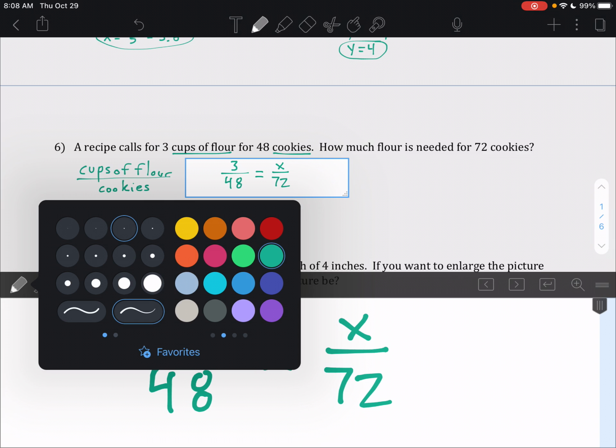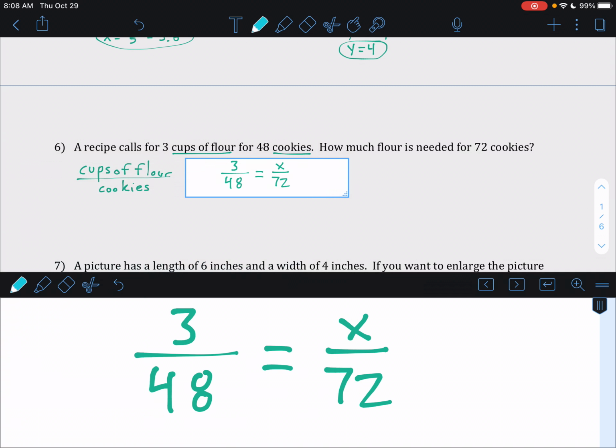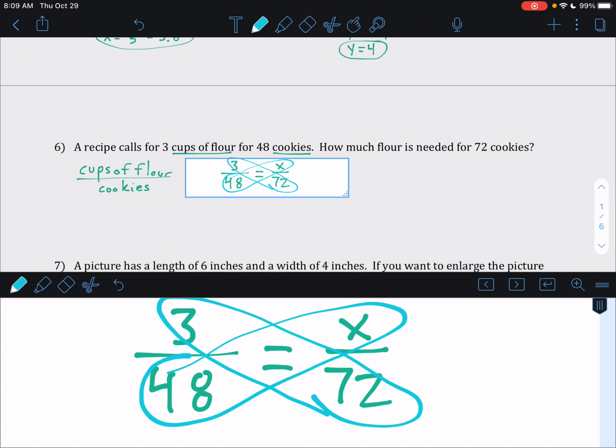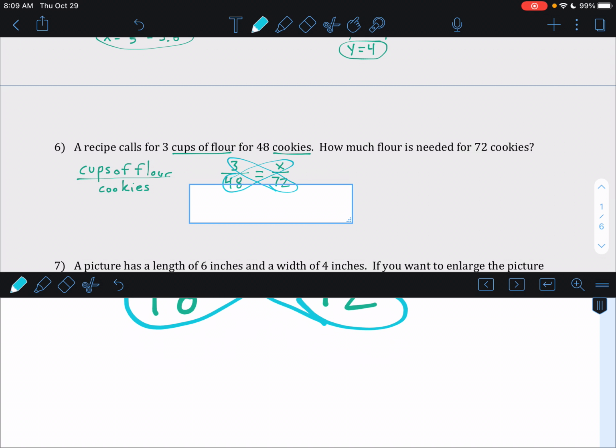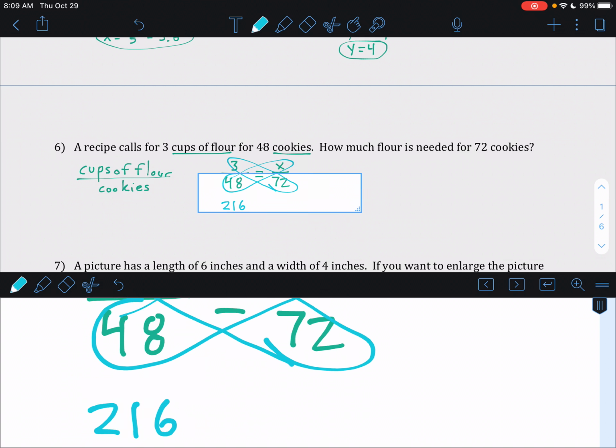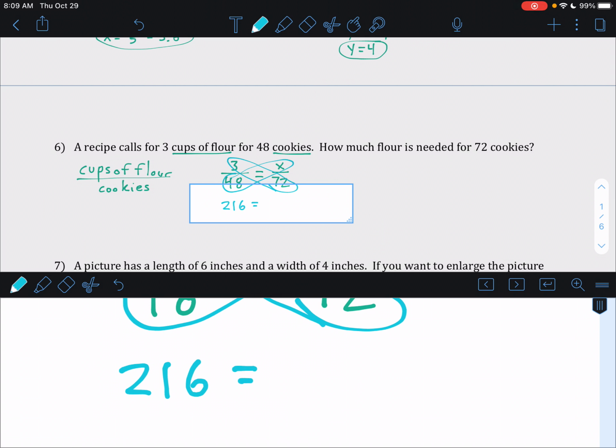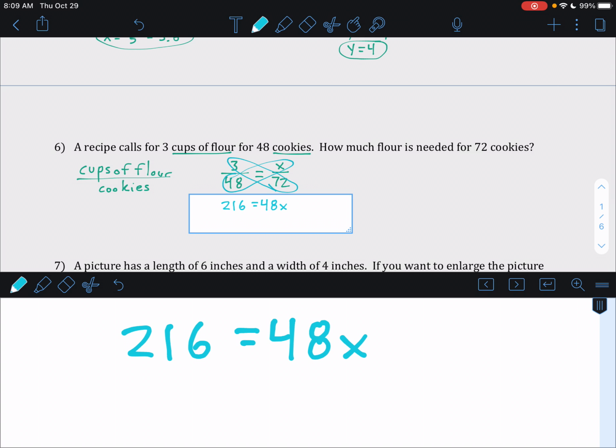And now I will use that butterfly method. I'll multiply these 2 together and these 2. So 3 times 72 is, what is that? 216. And 48 times x is 48x. And now I divide both sides by 48.